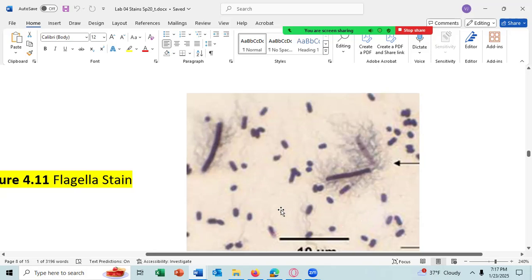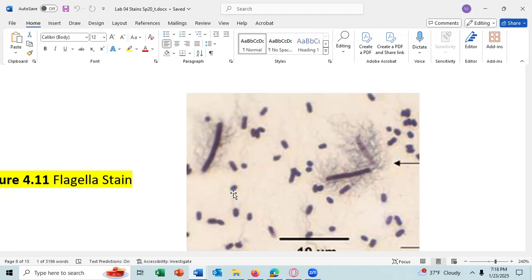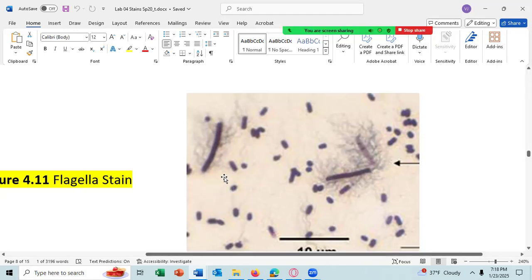And the reason why this cell doesn't have any is because this cell probably just divided. And once a cell divides, initially the cell will not have any flagella because the cell has to make the flagella. And this cell was recently born, so to speak. It recently came through cellular division, so it has made no flagella yet. You have to give it time for that.